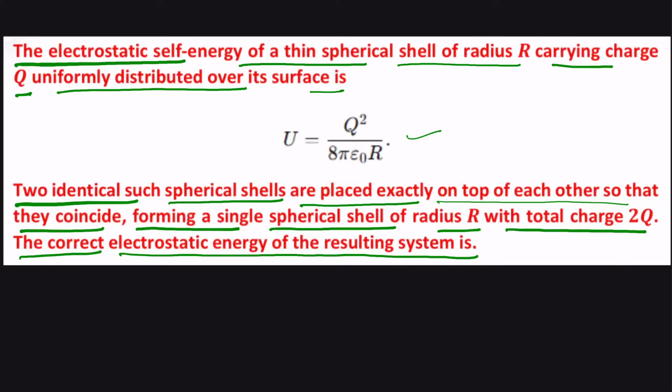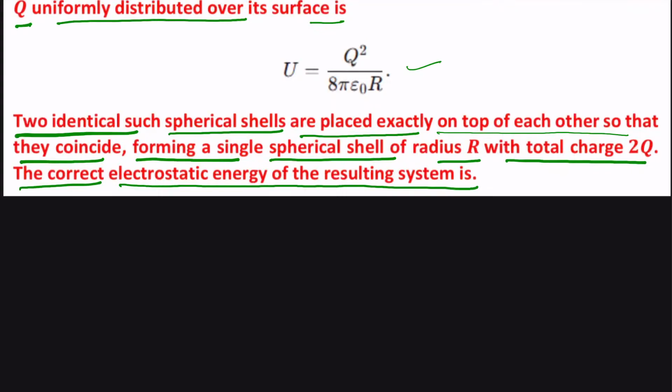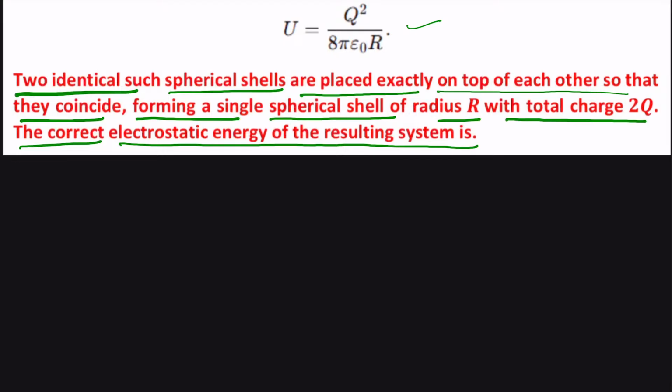Okay, so we are given that we are having two shells, and they are placed on top of each other.